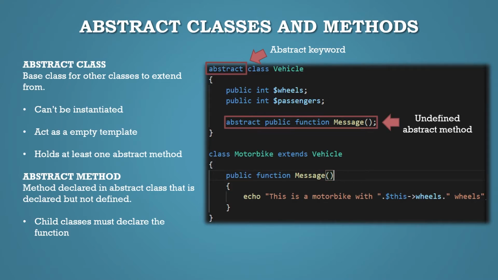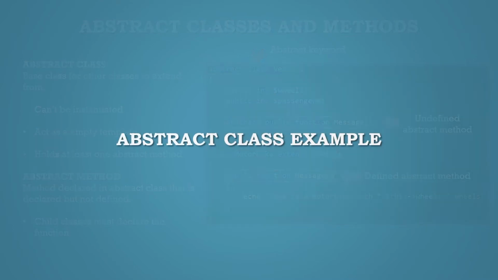We just specify the abstract keyword in front of the function declaration, and instead of having curly brackets, we just have a semicolon at the end without adding any logic to that particular method. And then every class that extends from that abstract class must define code for that particular method. As you can see here, we are overriding the message method and adding some code. Let's modify the previous example to show how to do this.